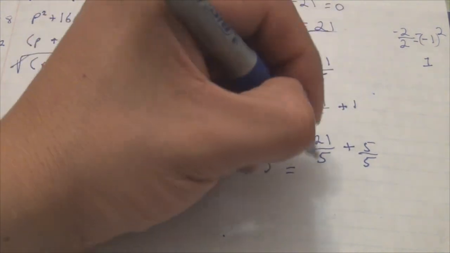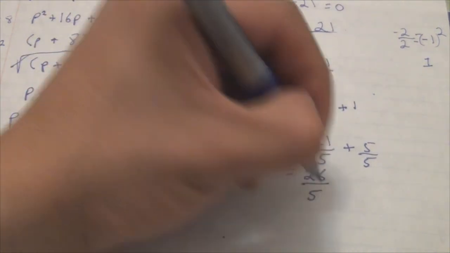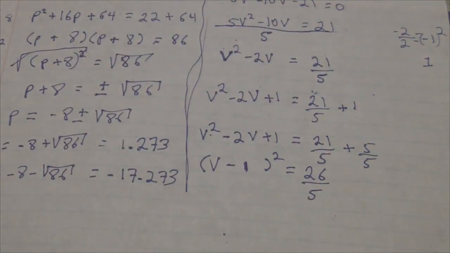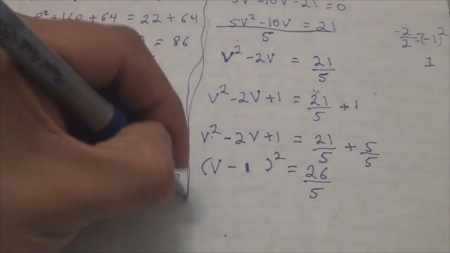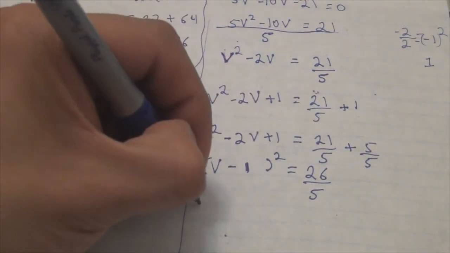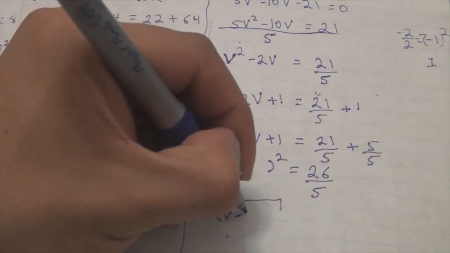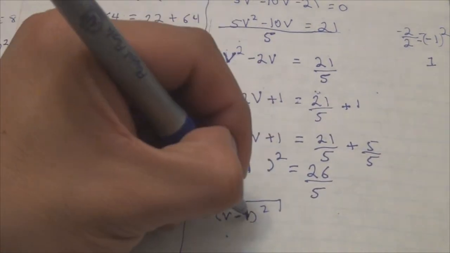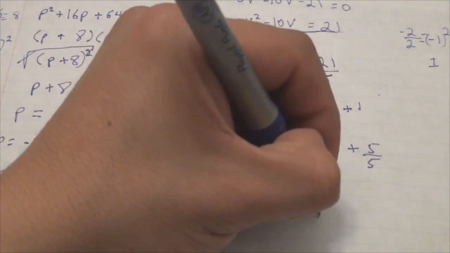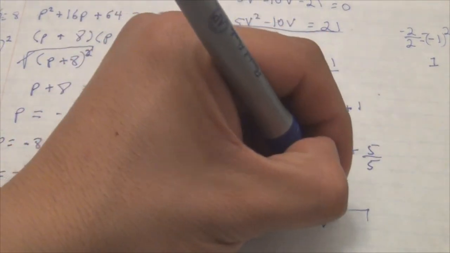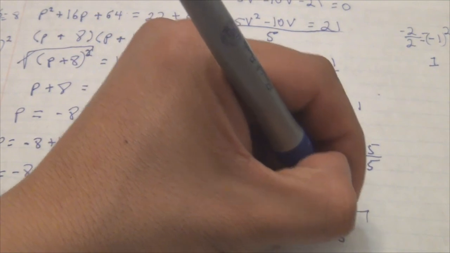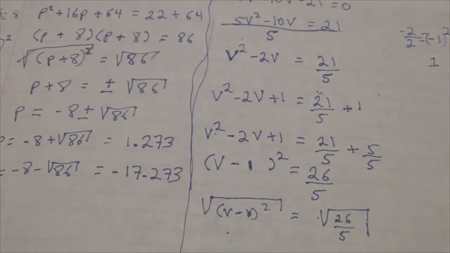21 over 5 plus 5 over 5 is 26 over 5. Okay? And now, the next step is to take the square root of that. So, square root of v minus 1 squared and square root of 26 over 5. Okay?